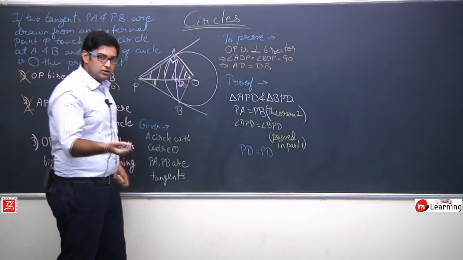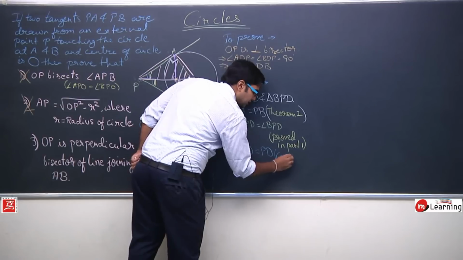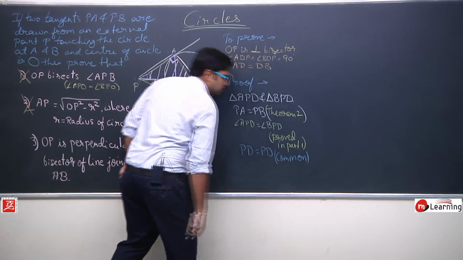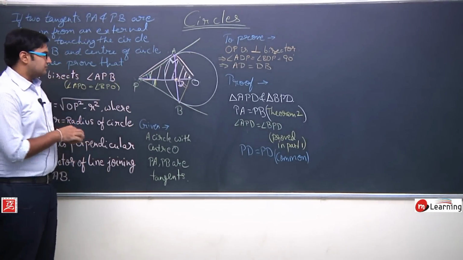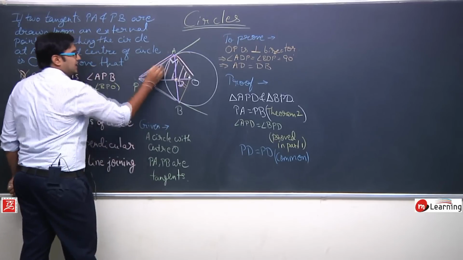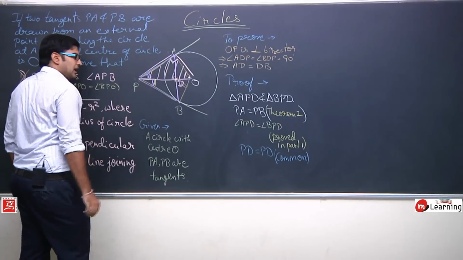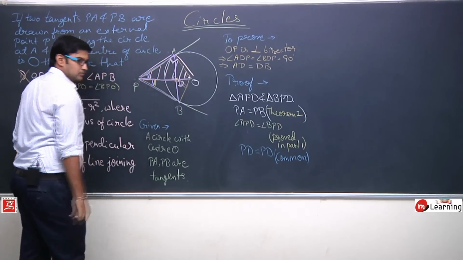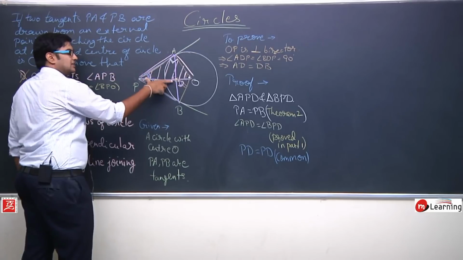Now what is PD equals to PD? You can see PD is common in both the triangles. So what we have done, we have seen three parts. This PA and PB are equal, then these two angles are equal, and then this PD is common. So side, this is angle and this is side.